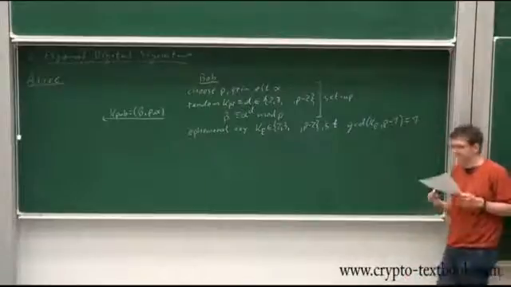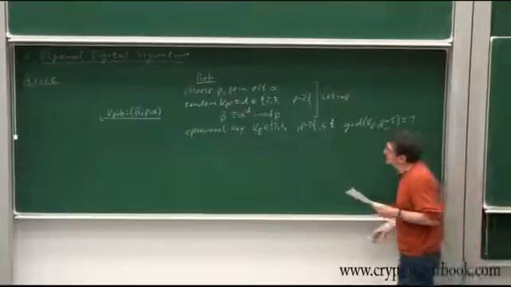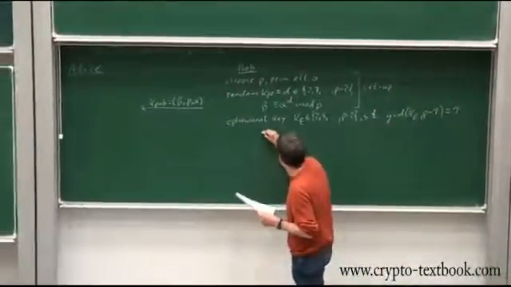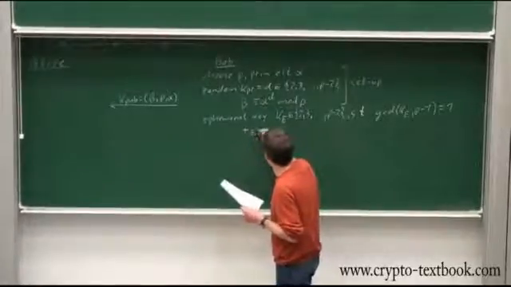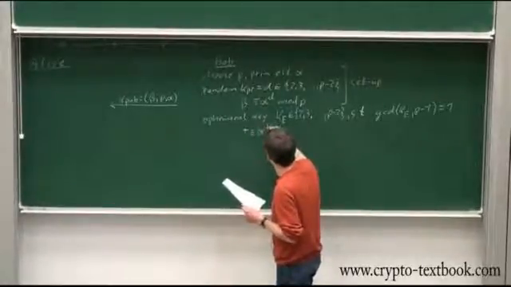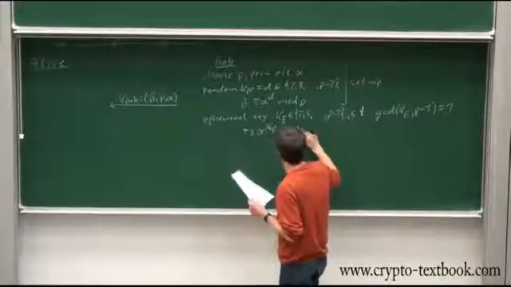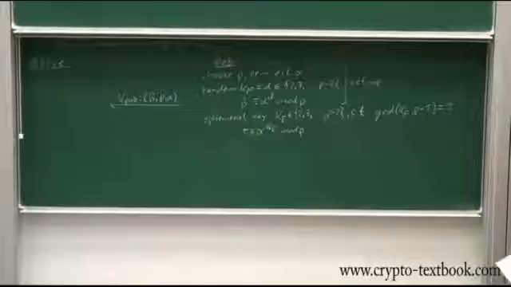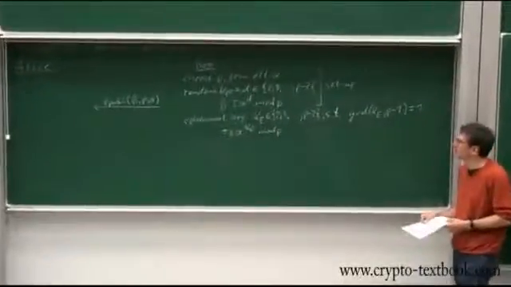Okay, now parameter R is being computed, which is alpha to the ke modulo p. So this is another discrete logarithm we compute. Not all that surprising, maybe.